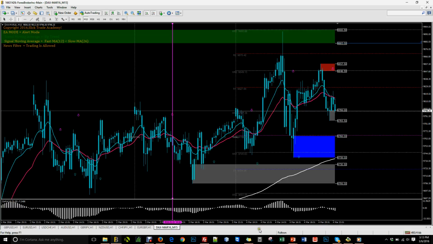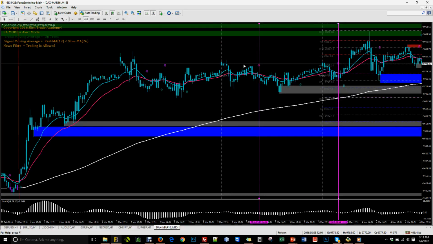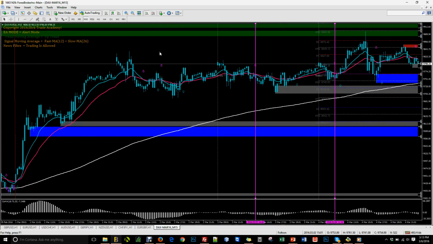Well, I guess it did end up having movement later on in the day. I didn't really look at it. You could have got some nice pips there. I'm going to show you that real quick. There would have been a sell, which didn't make any profit, really. But then you'd have the opposing buy, which, look at how far that went in the money. And that was for a Friday. Like I said, normally I don't trade it on Friday.